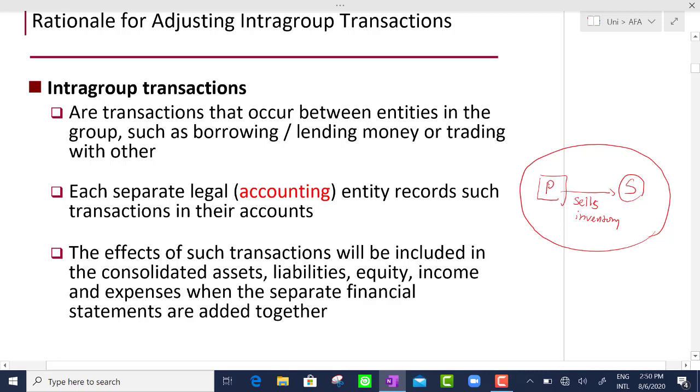Now, when we prepare consolidated financial statements, we take the asset, liability, equity, income, and expense accounts of each company, and then we add these five elements together to prepare consolidated financial statements.